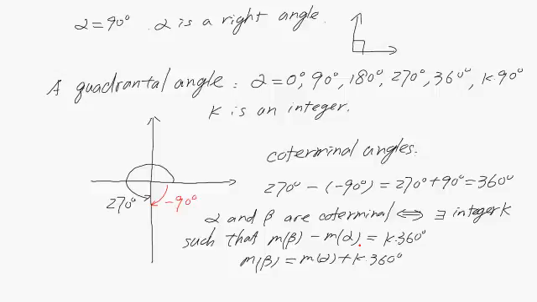If we can solve this equation to get an integer k, then that means this holds for this integer k. Then these two angles are coterminal. If we cannot find an integer solution, then that means these two angles are not coterminal. So now let's come back to the problem 6.